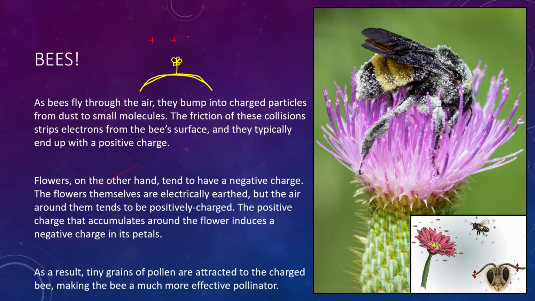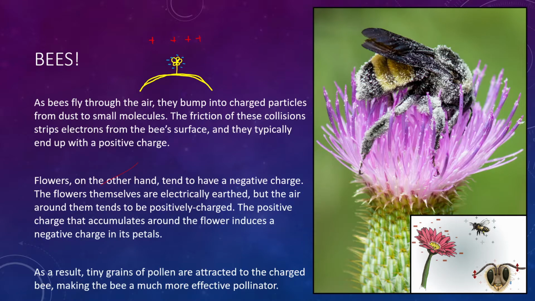So there's all these positive charges up here. Well, we know that opposites attract, right? So the Earth, which has a significant mass of positive and negative charges, they're all over the place in here, but the negative charges are going to be attracted up toward the positively charged air. And so the flower is going to end up with a net negative charge.